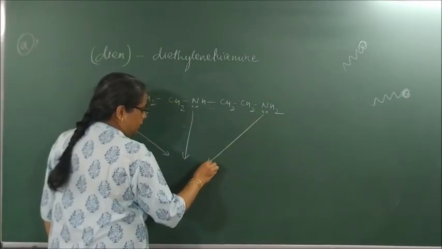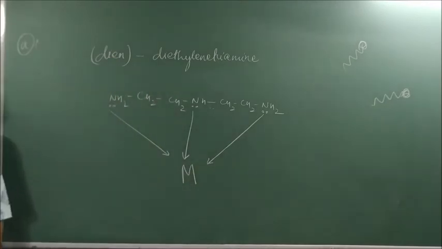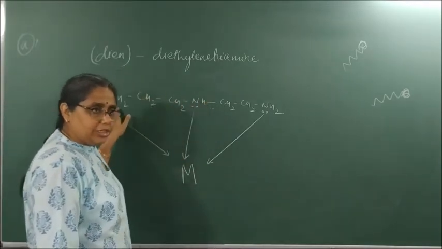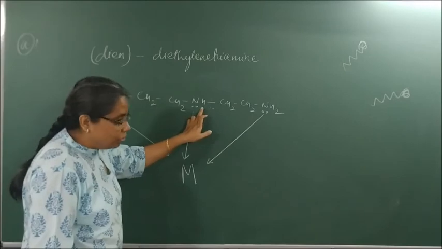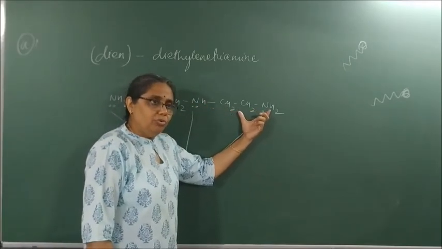From 3 places it can ligate to the metal atom. So called as what ligand? Tridentate ligand. Is it clear what I did? What was my compound? CH2, CH2, NH2, NH2. From this I removed one H and added one molecule of CH2, CH2, NH2.